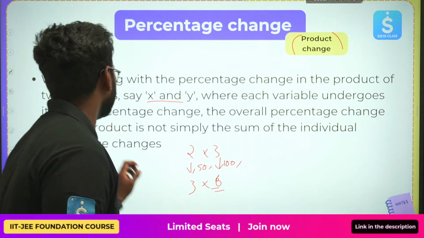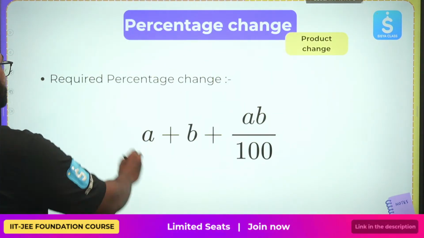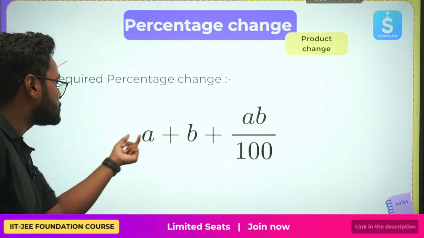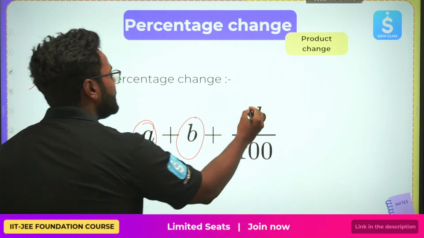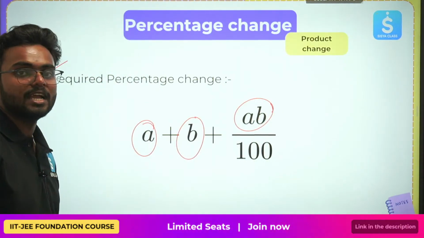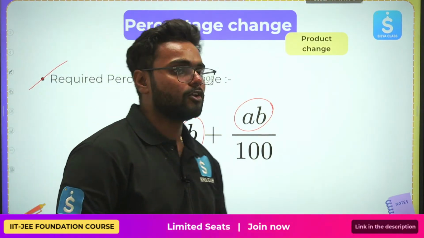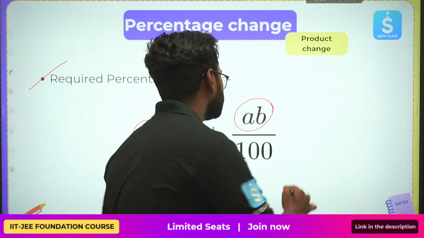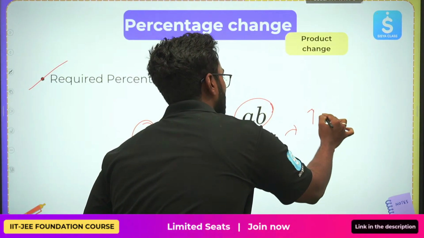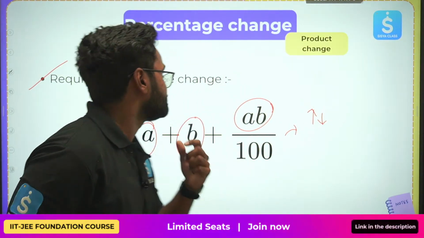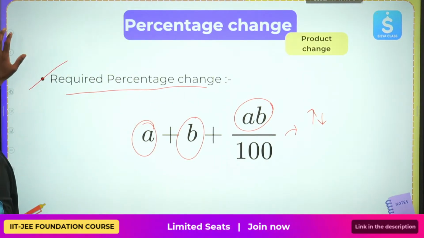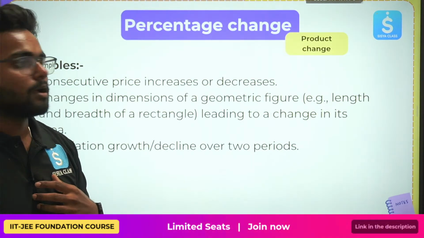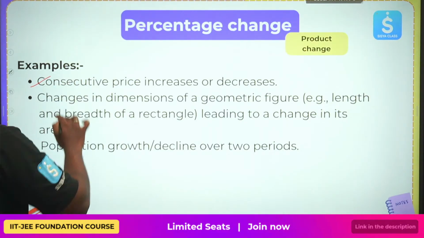In this case, we have a formula. This is the formula where A is one percentage change, B is the second percentage change, and AB upon 100 is the product of the percentage changes divided by 100. If you solve this, you would be getting the successive gain or loss percentage. Right? This is the required percentage change. And where it is used, we will talk. It is used in consecutive price increase or decrease.